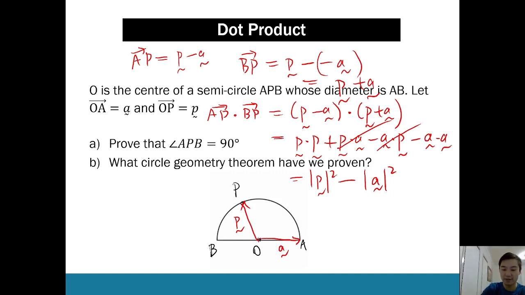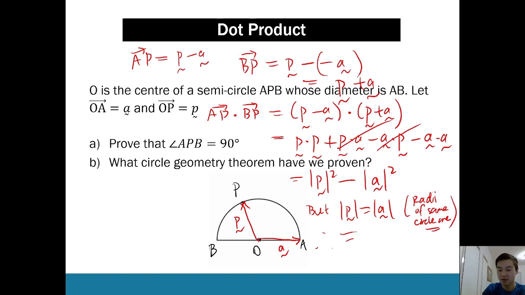So magnitude of P is equal to magnitude of A because radii of the same circle are equal. Therefore this thing is equal to 0, because if the lengths are equal, when we square them and subtract them from each other, they're still going to be 0. So therefore, AP is perpendicular to vector BP, and therefore angle APB is 90 degrees, like so.